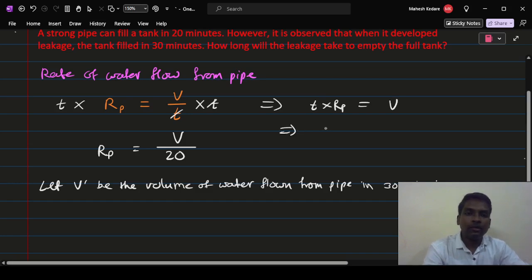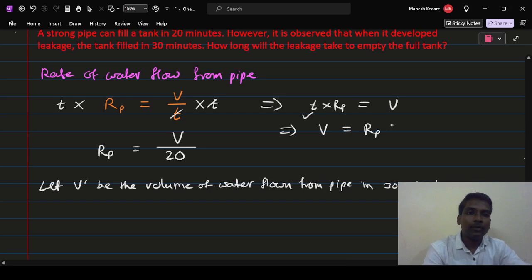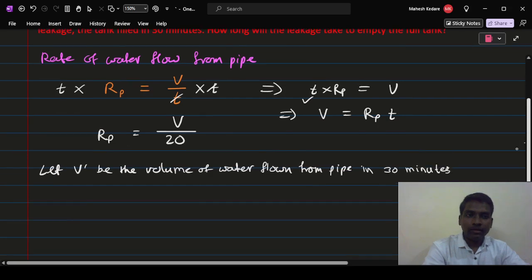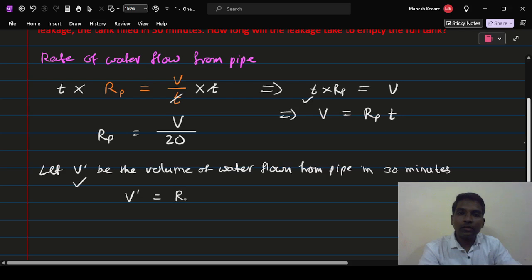This means that the volume flowing out of the pipe in time t is simply Rp multiplied by time. In the same line, the volume V dash flowing from the pipe in 30 minutes will be given by V dash equal to Rp multiplied by 30, which we can simply write as 30 Rp.